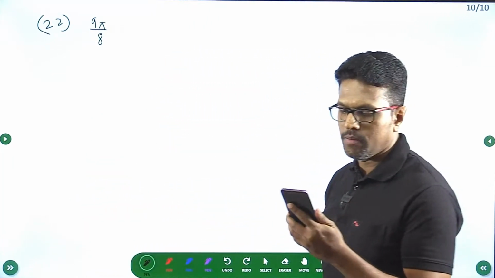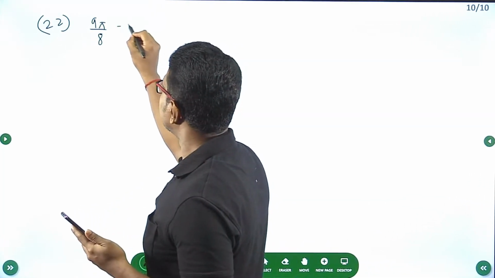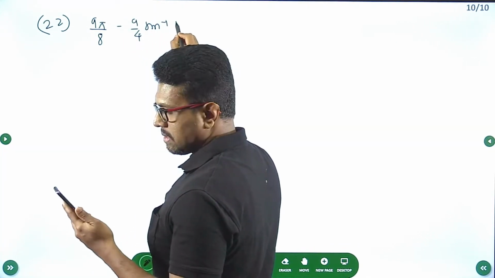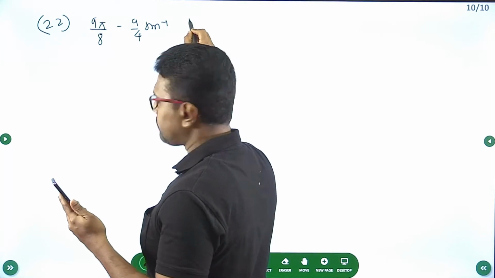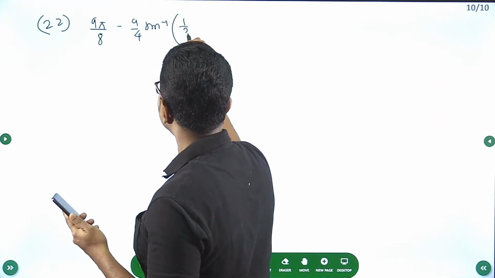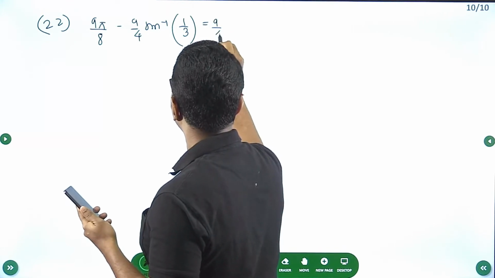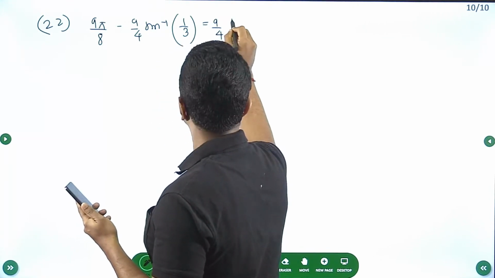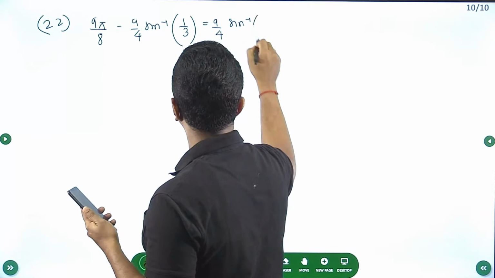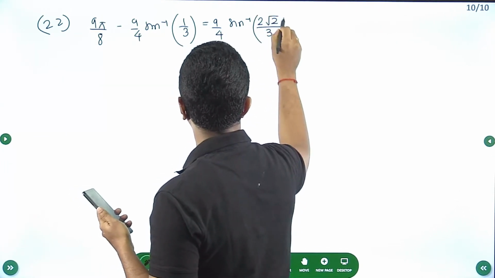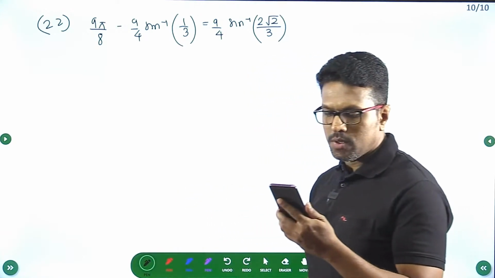It should have been 9 pi by 8 minus 9 by 4 sine inverse of 1 by 3 is equal to 9 by 4 sine inverse of 2 root 2 upon 3. So this is what we have to prove.